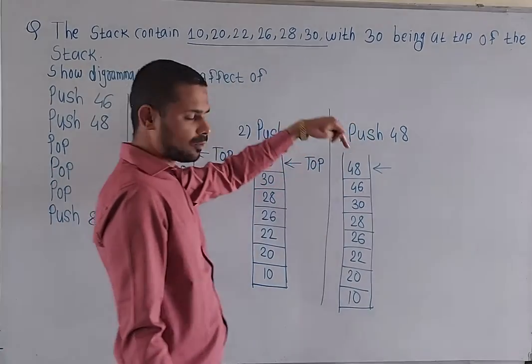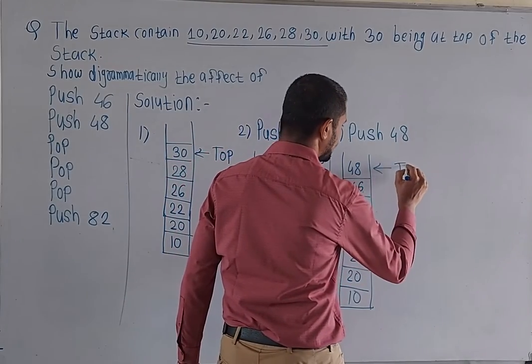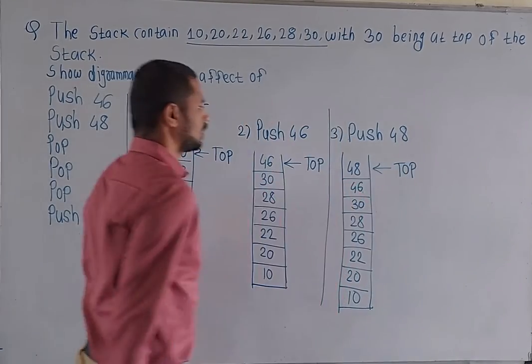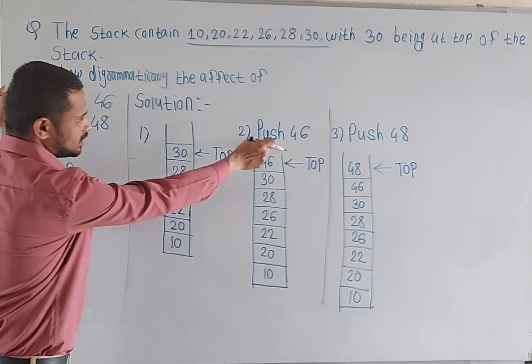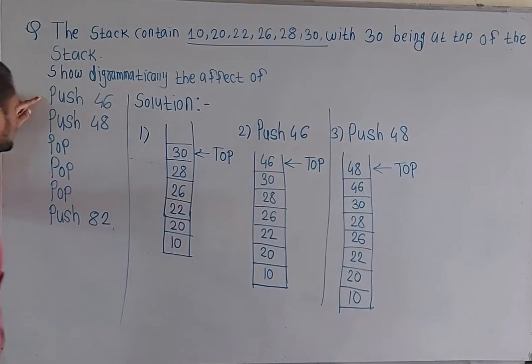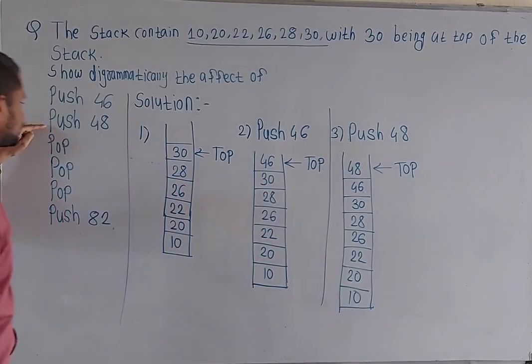Push means we have to insert the element, so the top will be incremented by 1. So we performed the first push operation, that is 46 into the stack. After that 48 is pushed into the stack.